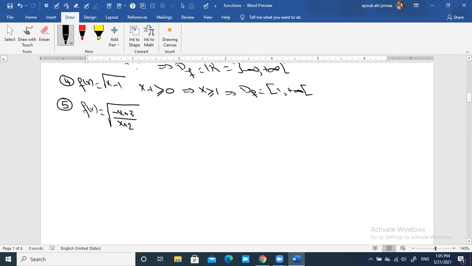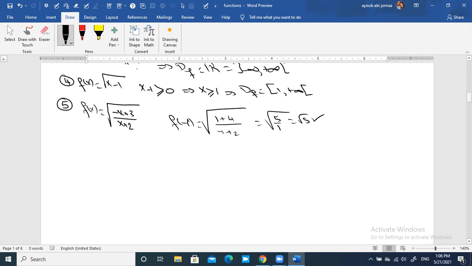Take negative 1 as an example. You are telling me x cannot be negative, so let's compute f of negative 1: you get radical negative negative 1 plus 4, over negative 1 plus 2, so radical 5 over 1. Radical 5 is defined.